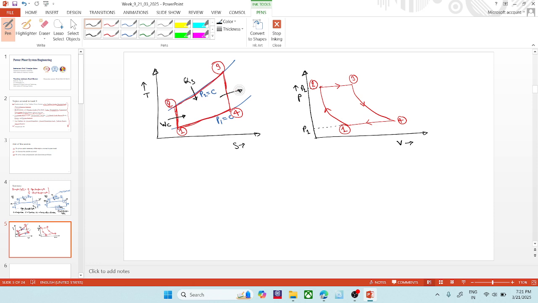From 3 to 4, we will get the turbine work WT, and from 4 to 1, the heat rejected would be QR in the intercooler. Similarly, we can show here WC, the heat supplied QS, the turbine work WT, and the heat rejected QR. Now we can apply the heat balance equation.